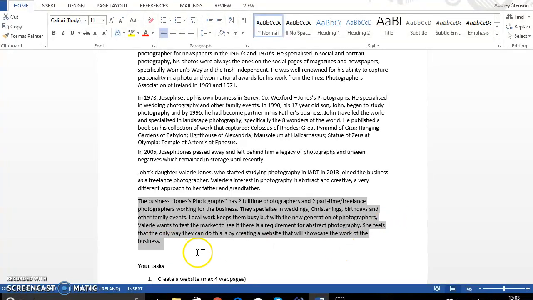You can assume that there is no existing website for Jones's Photography and that you are starting this from scratch. You can be as creative as you need to be. Everybody's website will be different. Don't work on the basis of what other people are doing. Think about this yourselves, and think about that if you were a consultant for this business, how would you get all of that information on site? So obviously you can't put it all there, otherwise the site would just be too full.